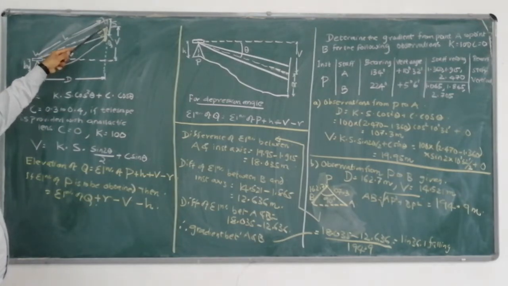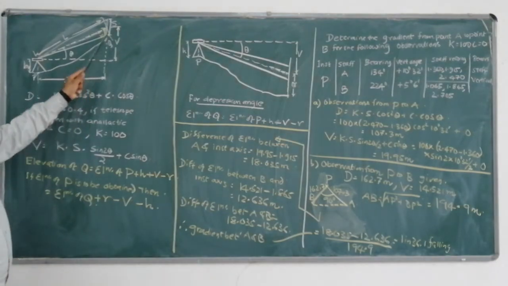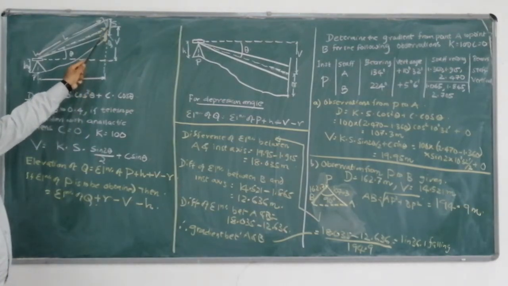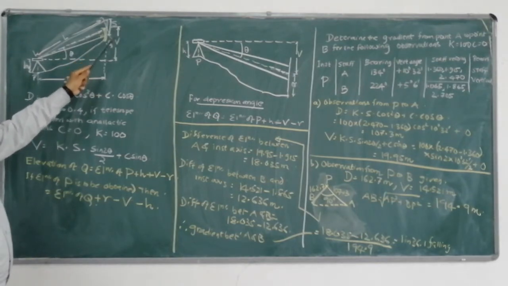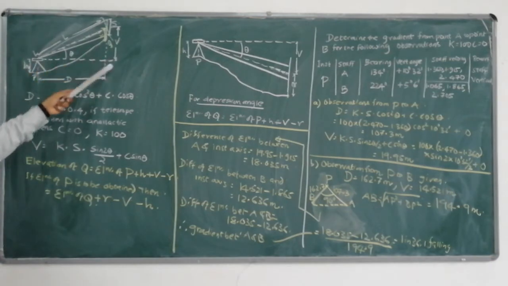The reading of the central wire, the central hair, is R. That is, from the central wire to the bottom of the leveling staff is R. And there is this imaginary horizontal line; the distance from there to the central point here is capital V. So these are all the nomenclatures that we have in our figure.